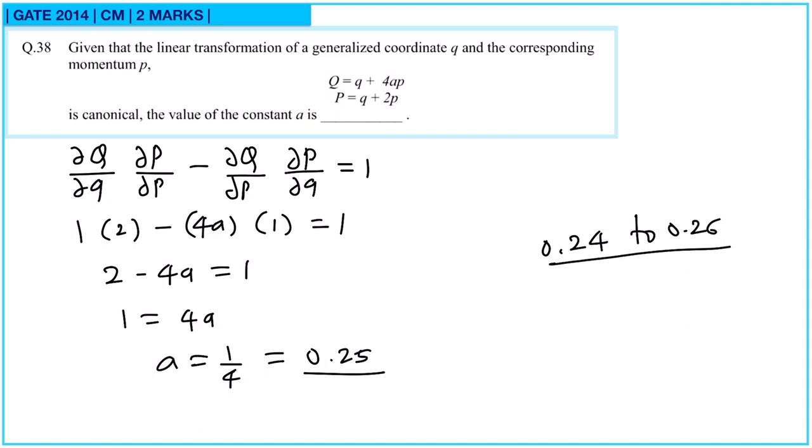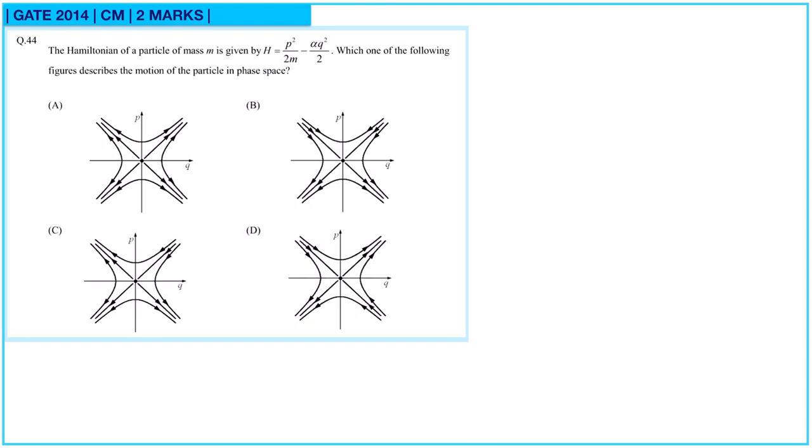Next question. The Hamiltonian of a particle of mass m is given by H is equal to p square by twice m minus alpha q square by 2. Which one of the following figures describes the motion of the particle in phase space? So we want to draw it in phase space. So we need p square and q square terms.